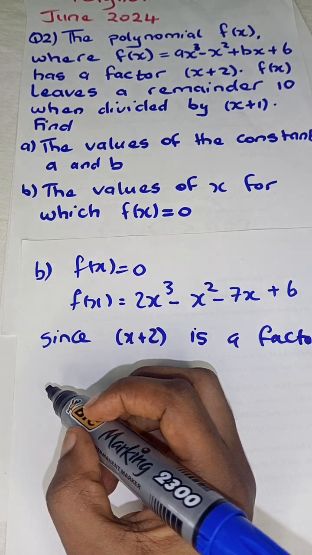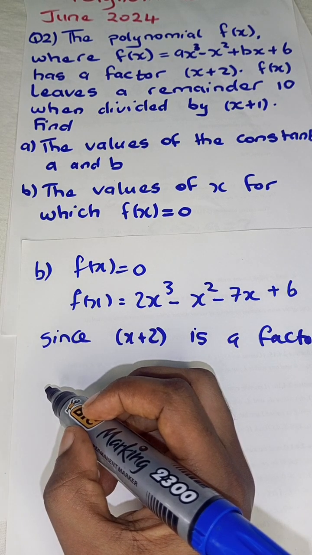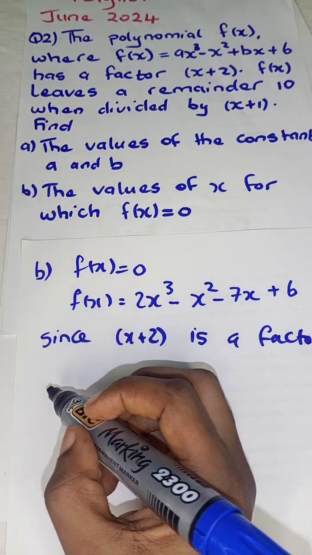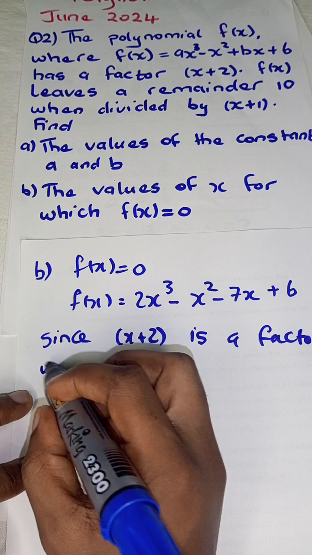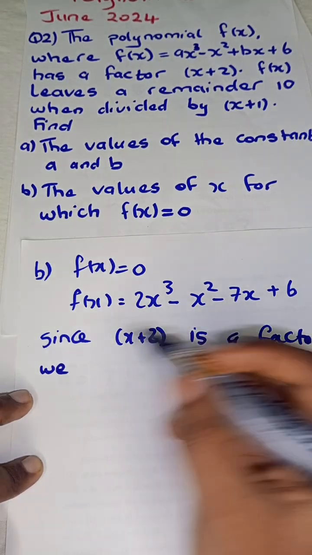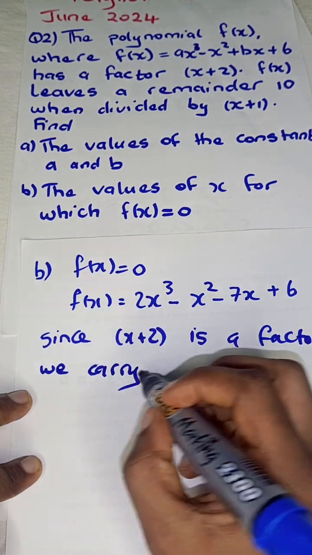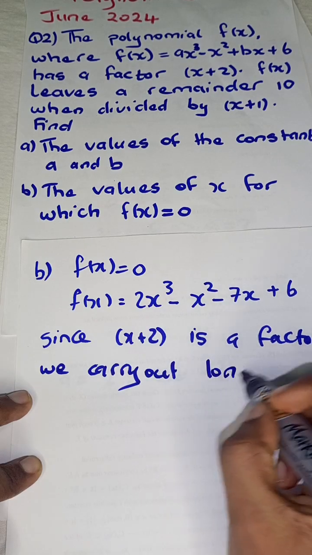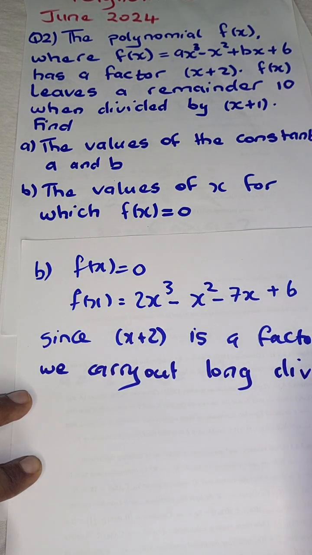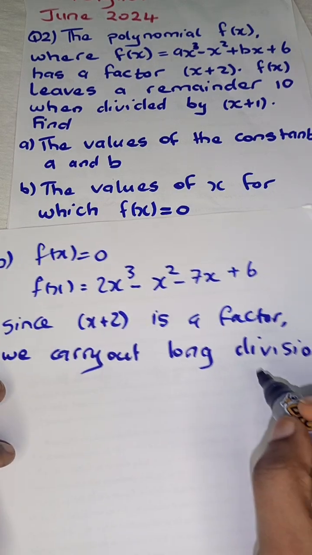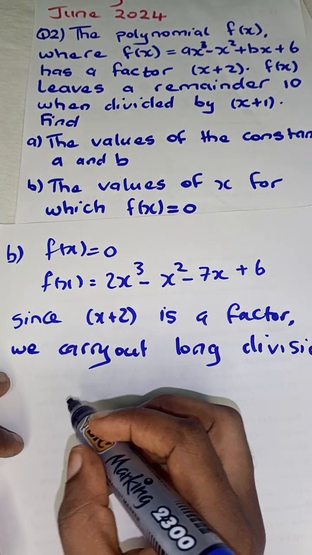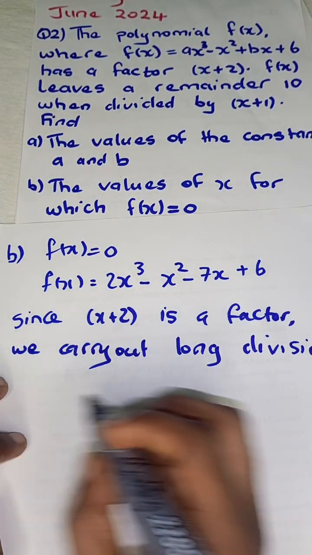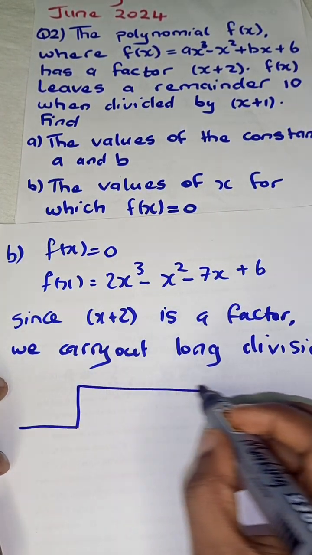In order to reduce the power of our function f of x from 3 to 2, so that we can simply factorize it. So we carry out long division. The purpose of the long division, as I explained, is to reduce this equation to a quadratic.